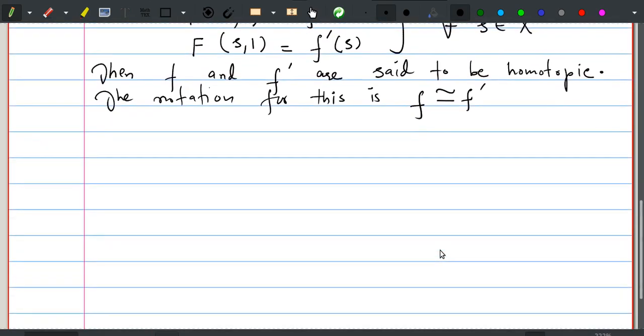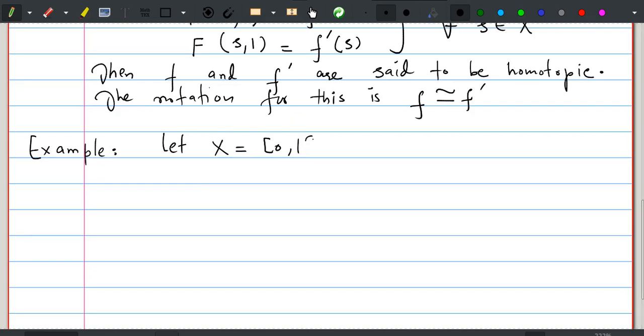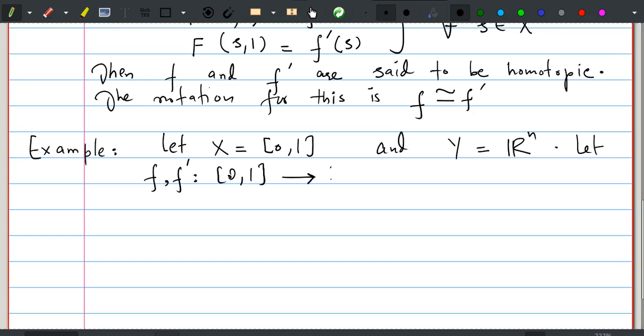Let us consider an example. Let this space X be the closed unit interval [0,1], equipped with the usual topology, and Y be this topological space R^n, and let f and f prime be the maps from [0,1] to R^n.